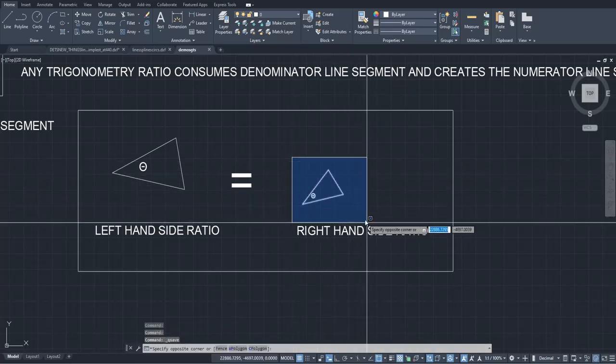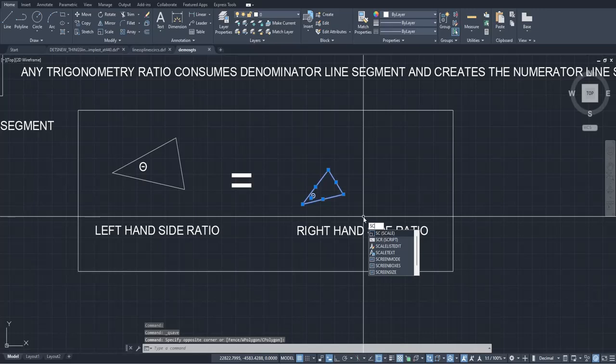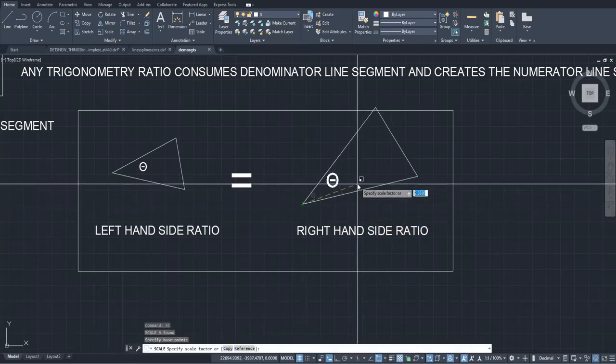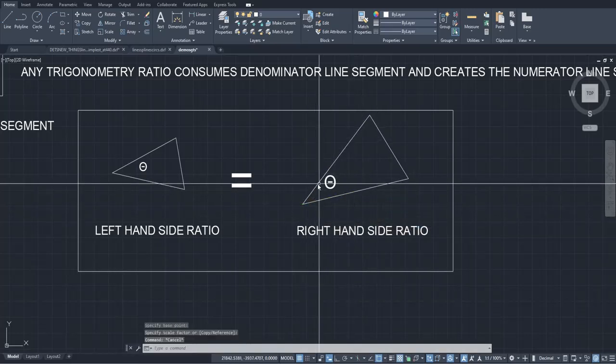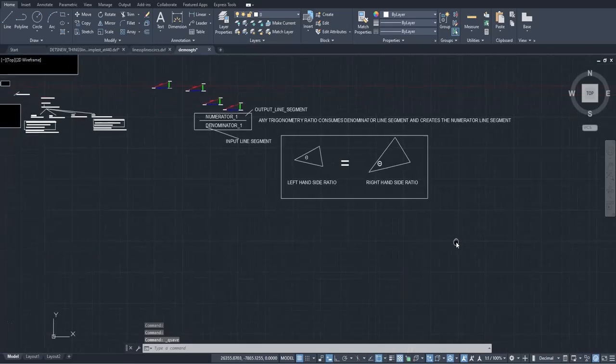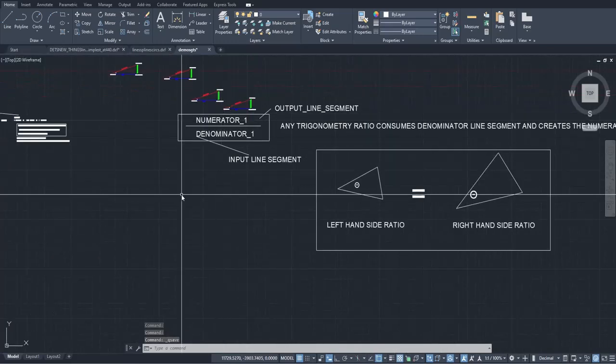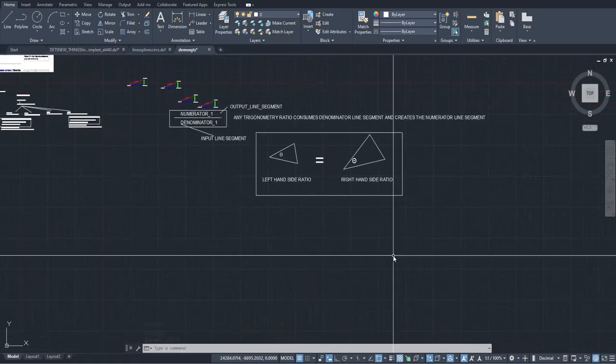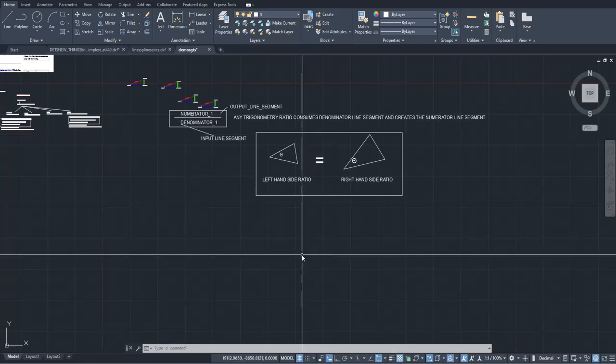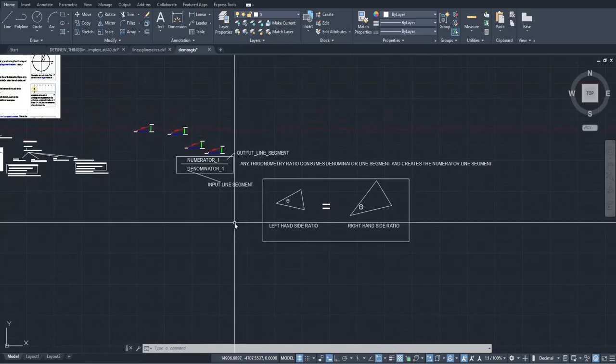So the ratio equality is conserved. We can think of the trigonometry expressions like these whenever the ratio forms are there. Otherwise, multiplicative forms are there, additive forms are there, and we will talk about those things there.